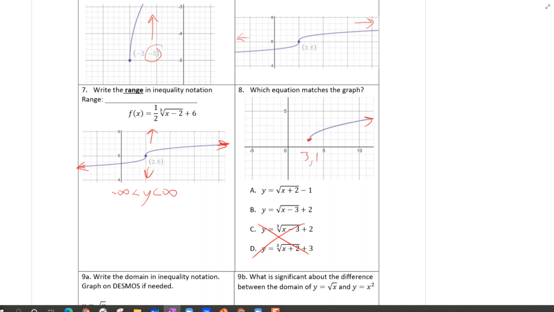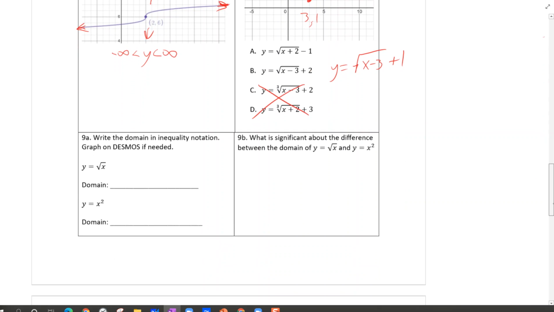Well, unfortunately, it's not any of those. So what is it? Hope it's not wrong on the test.